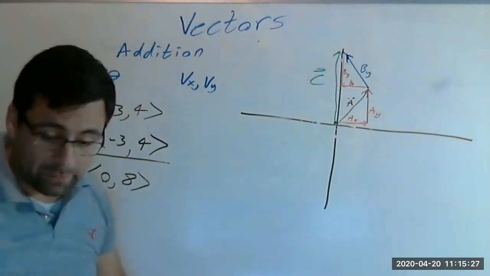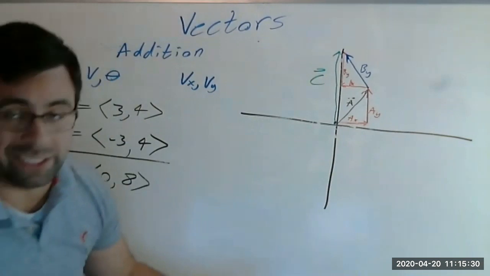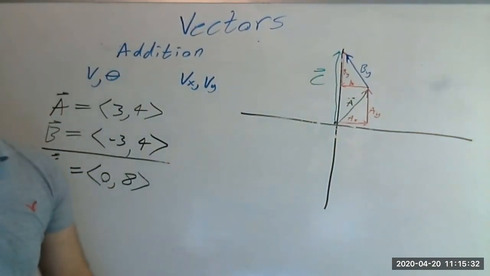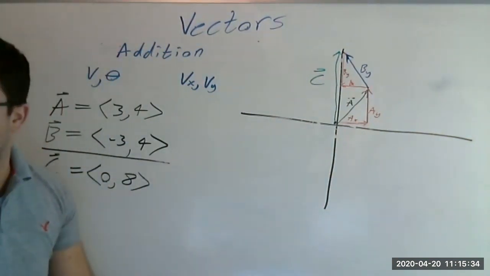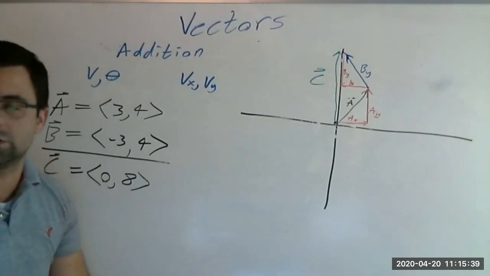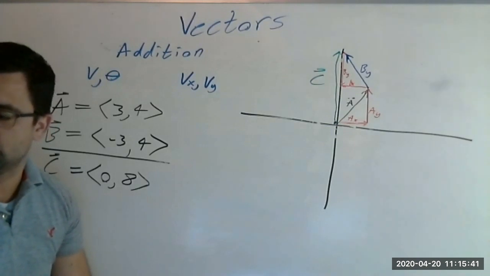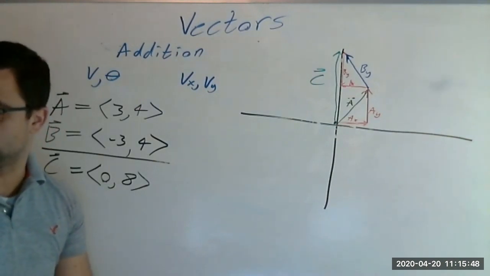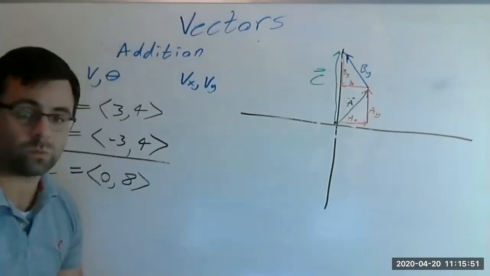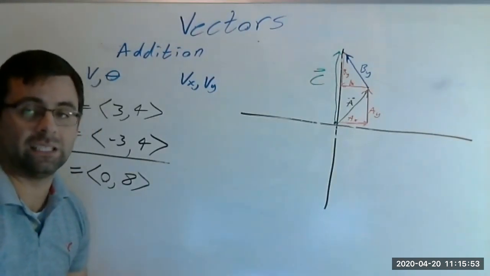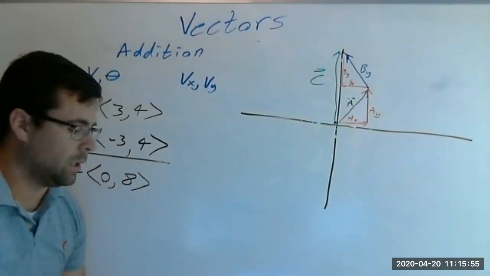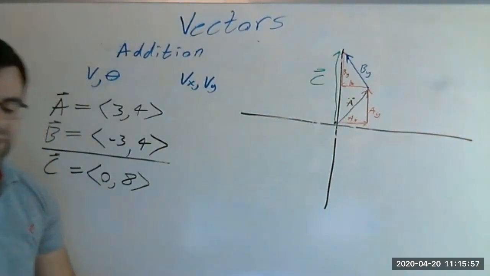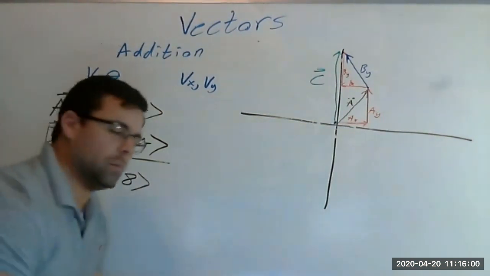And we had better get the same answer, otherwise we did something wrong. That's always a good way to check your work: if you do something two seemingly different ways and get the same answer, then both ways are correct. So this is addition, okay? What about scalar multiplication?